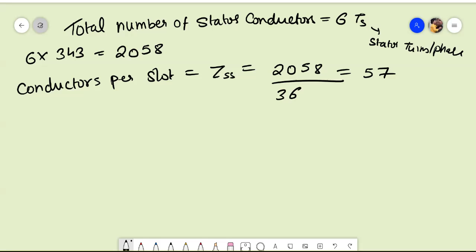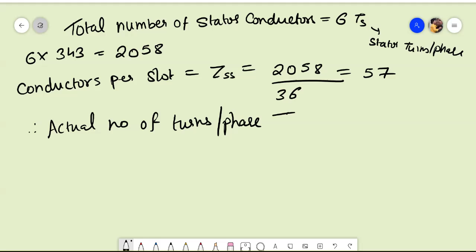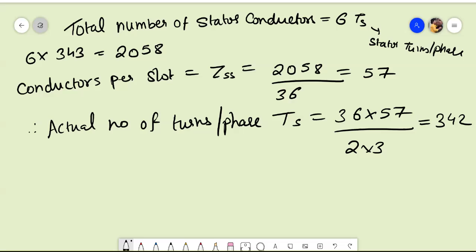So the actual number of turns per phase, TS, can be given as 36 times 57 divided by 2 times 3, which will be equal to 342.